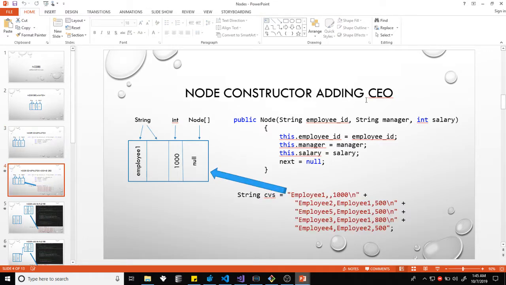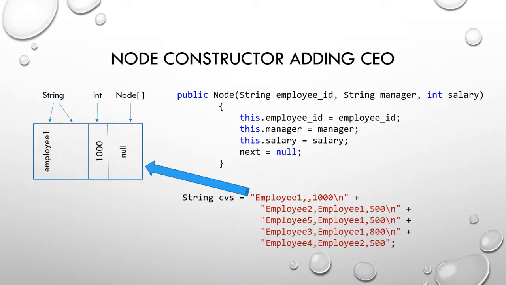So the constructor will be responsible for adding the CEO. In our example over here, our CEO is employee 1 because he or she has no manager, with a salary of $1,000. So this is going to be passed through the constructor.